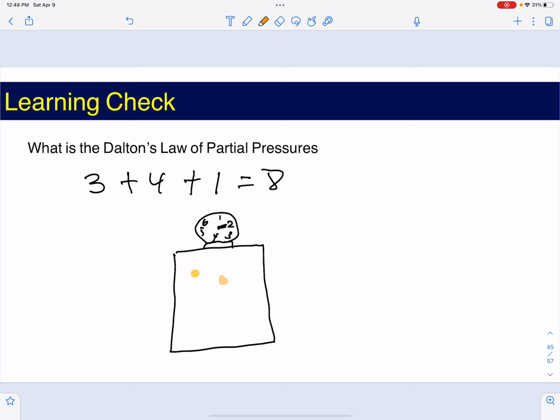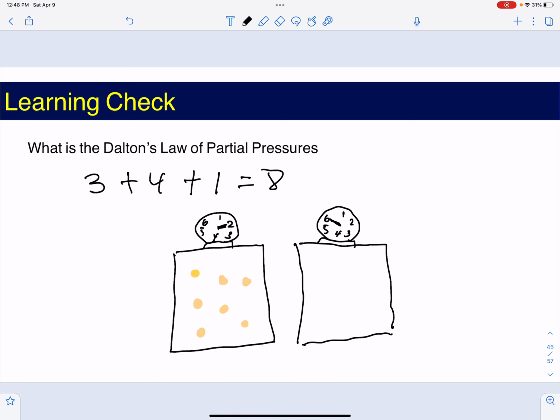So let's say that you have this many moles of the gas, and that's 2 atmospheres of pressure, and you have another gas. Imagine the container is exactly the same, and then you have your gauge with 6 atmospheres of pressure.